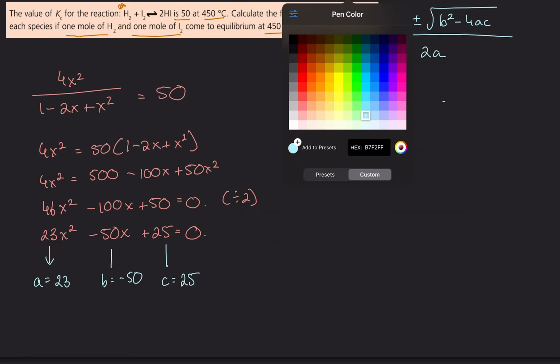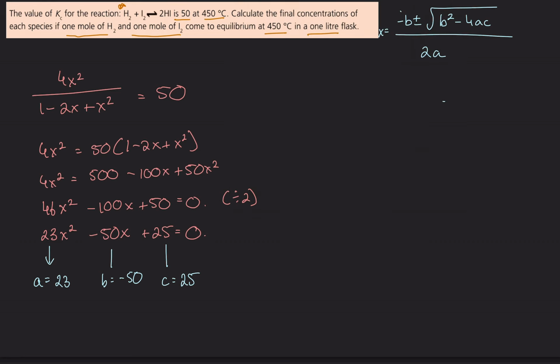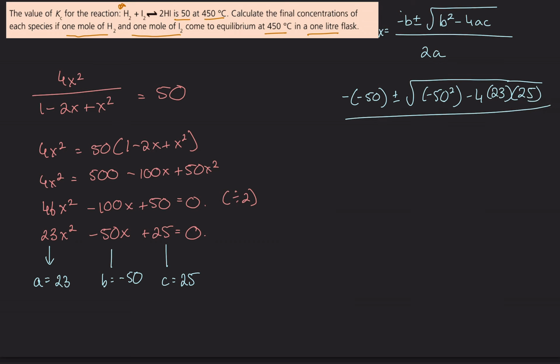So let's fill that in now. Minus bracket, following along, minus 50, plus or minus the square root of 50 squared minus 4 times 23 times 25, all over 2 times 23, and that will give you your x.